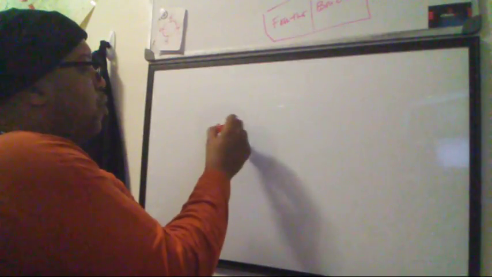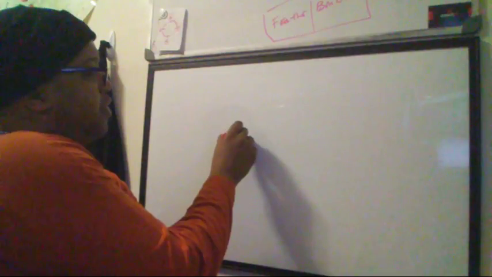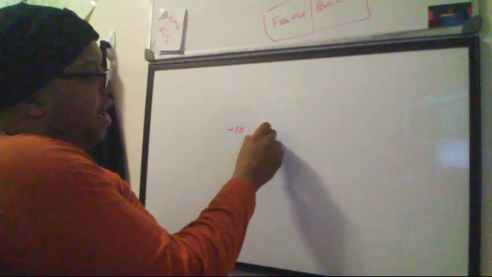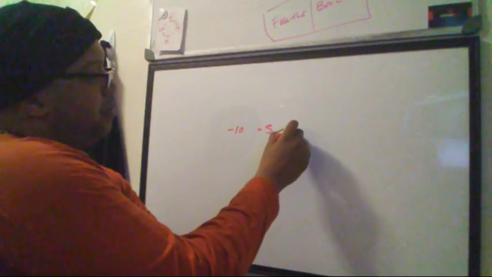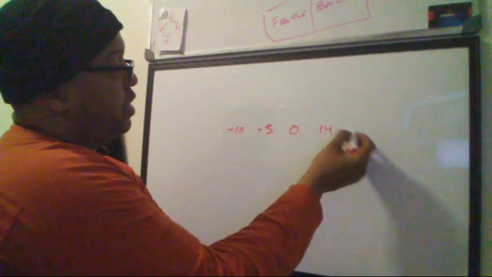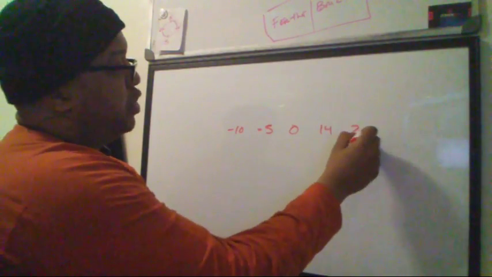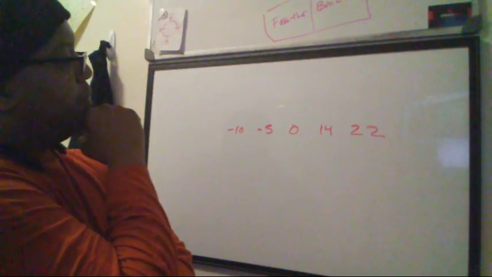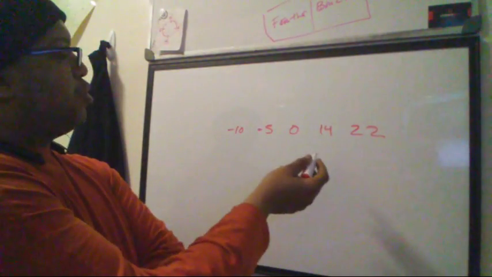Throughout the day, the temperature readings were -10, -5, 0, 14 degrees, and 22 degrees. We want to find out the average temperature throughout the day.